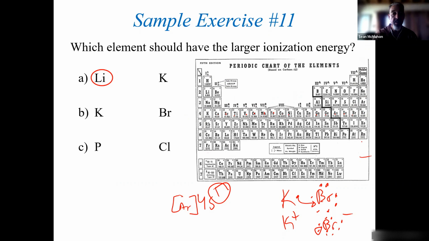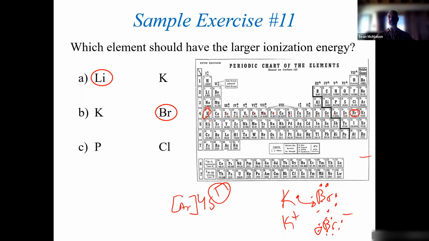But going back, who's it going to be harder to remove an electron from, bromine or potassium? Bromine doesn't want to lose an electron. It wants to gain it. So it has a really high ionization energy and does not want to lose it. So the bromine has a larger one.